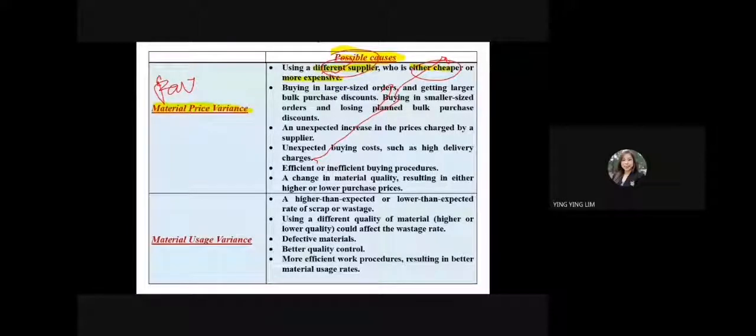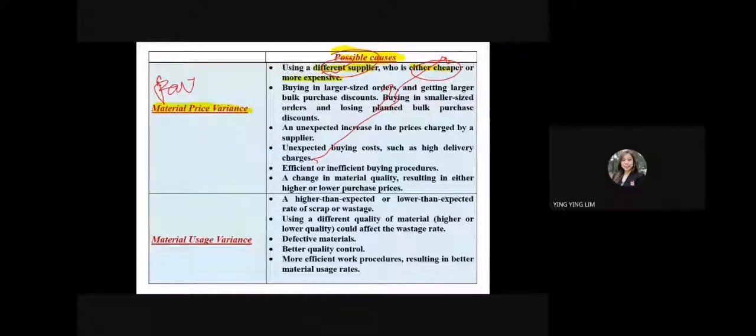Maybe we get the price from a cheaper supplier. A cheaper supplier in a way means that the quality of the materials you are getting is lower. So lower quality materials will lead to a cheaper material price.